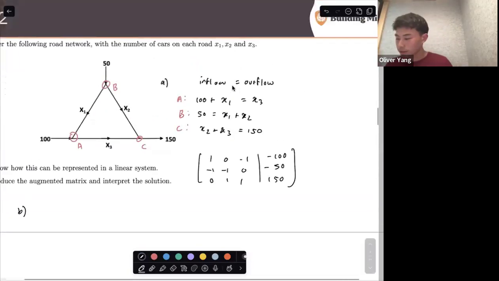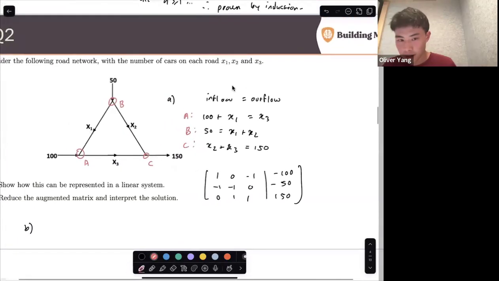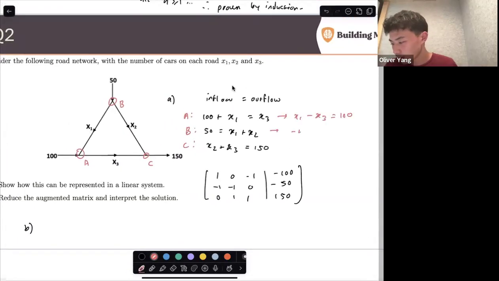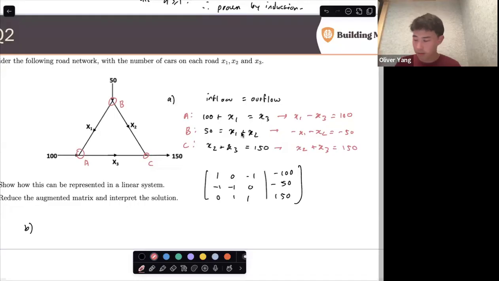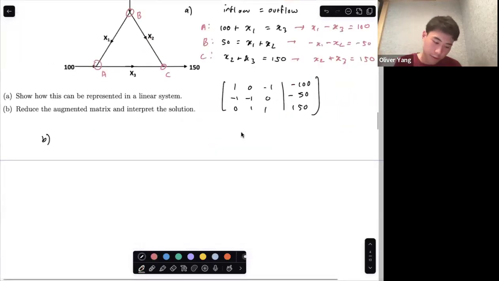No. Negative x1 minus x2 equals -50, and then this should be the same. Plus x3 equals 50. All right, cool. So let's just reduce it.